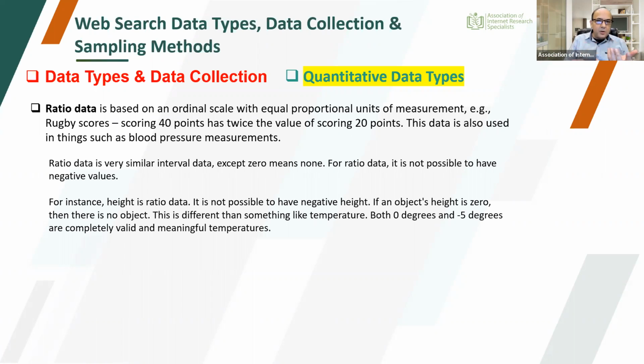So in ratio data, if you say scoring 40 points has twice the value of scoring 20 points, the ratio being 40 is to 20, where 40 is the whole, or 40 is the reference, and 20 points is with reference to 40, or 20 being a fixed point used as a reference in terms of ratio, would have a score of 40 being double of what is constant. That's how we do the measurement.